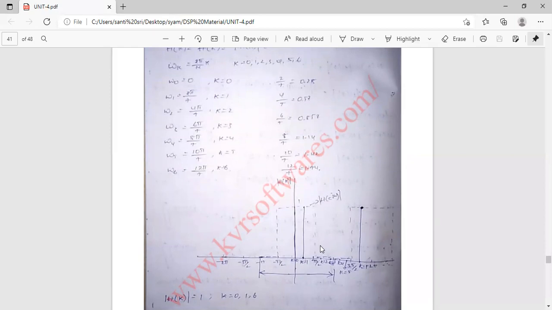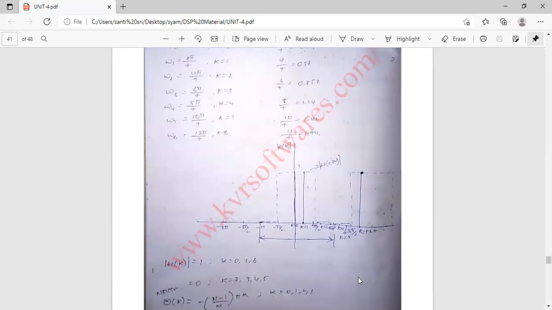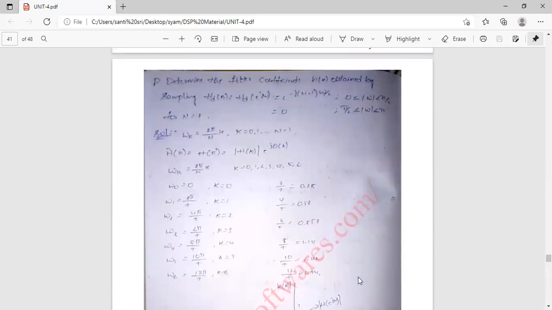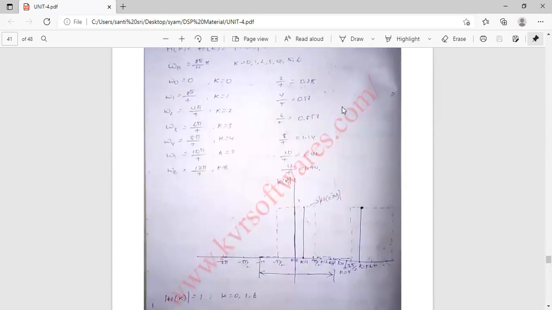So mod h of k equal to 1 for k equal to 0, 1, 6. It is equal to 0 for k equal to 2, 3, 4, 5. Depending upon this equation, from 0 to 5 by 2. Its value is like this.